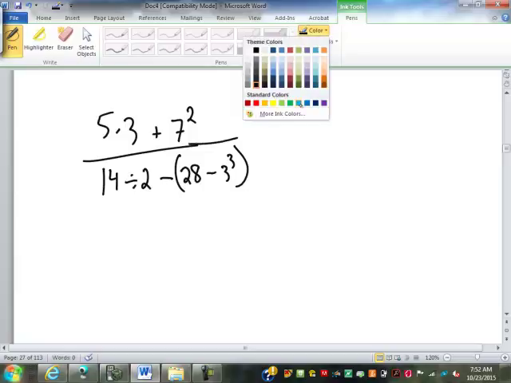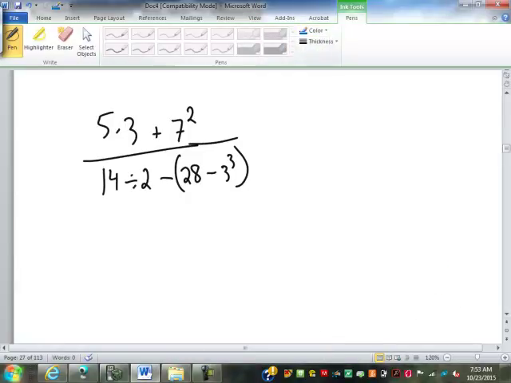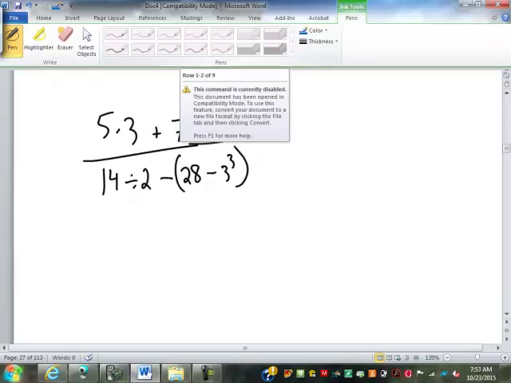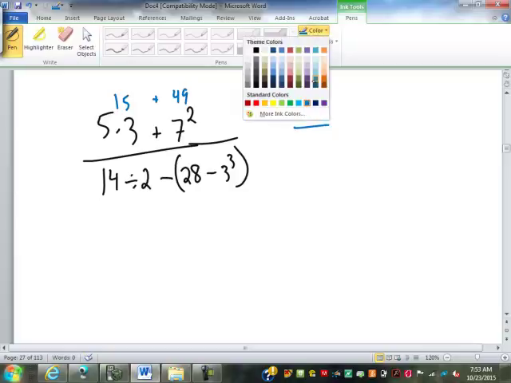Try this one in your notes, see if you remember how to do it. So, where do I start? Well, the fraction bar means we start on top, right? And up top, what do we have to do first? 7 squared is 49, and then 5 times 3 is 15, and add to make 64. What's next?